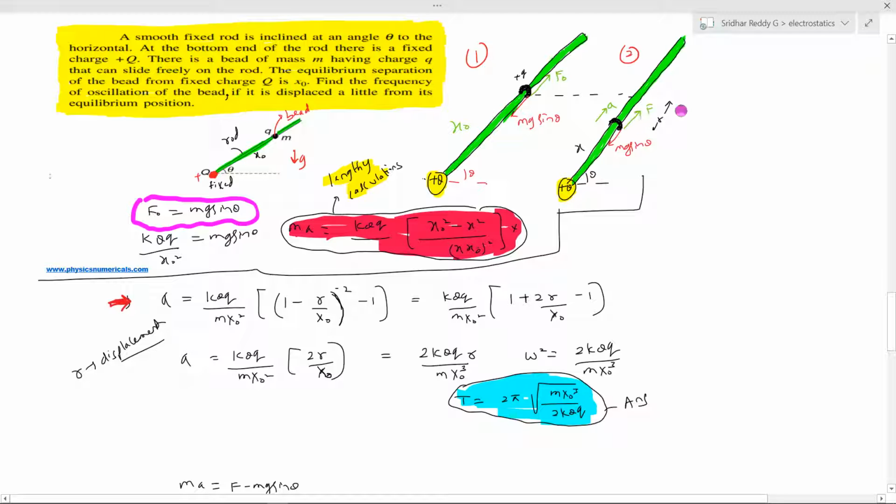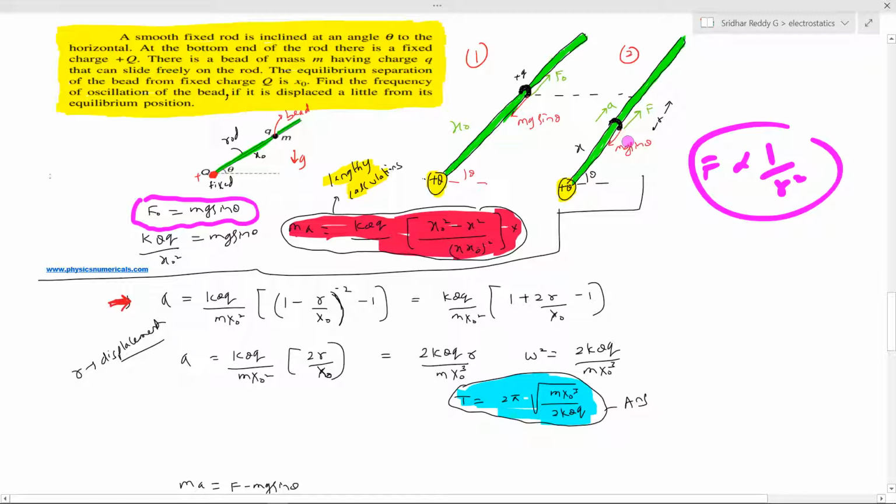It will increase because F is proportional to 1 by r square. If r decreases, the force should increase. So now this F will become greater than mg sin theta, and the resultant acceleration will be along the rod. So F minus mg sin theta will become a restoring force. If I can show that acceleration is proportional to the negative of displacement, I'll get the time period. This is the idea of the problem.